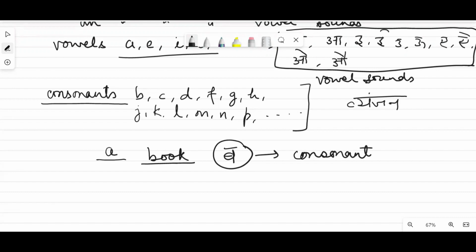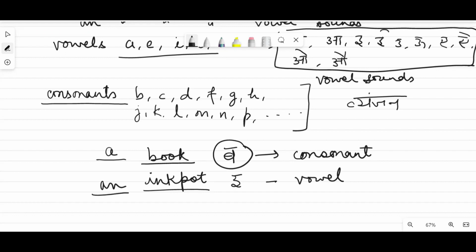A should come before this. Why? Because a comes before the words which begin with consonant sounds. But if we say, for example, ink pot, ink is beginning with the sound e. That is a vowel sound. So an will come.